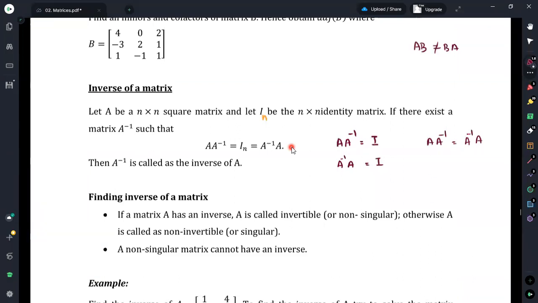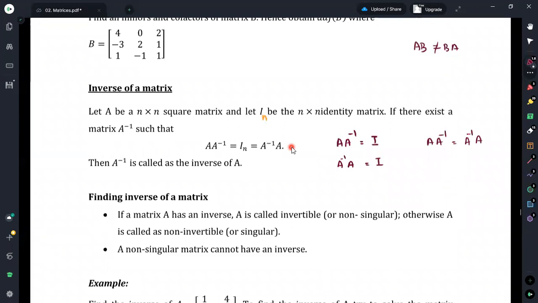Therefore, in general for matrix multiplication this inequality is satisfied, but if B is the inverse of matrix A, then we can identify the equality as well. Therefore, we can say that A inverse is called the inverse of the matrix A.